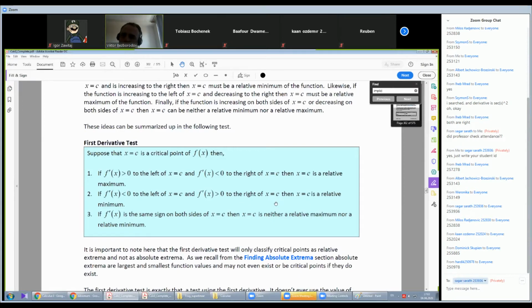So what we discussed, let's also recap. You find all the critical points of the function, and then you evaluate the value of the function at every critical point and on the boundaries, and that's it. Then you choose the greatest and the smallest values, and that's it.